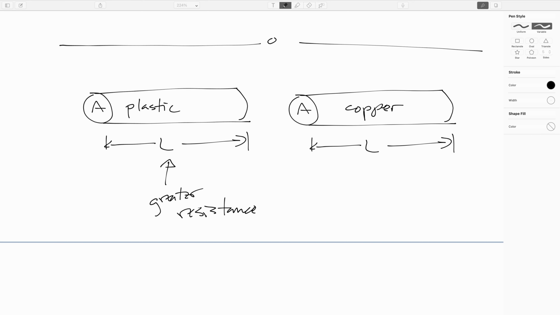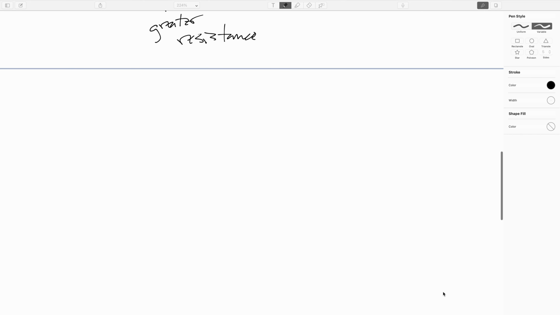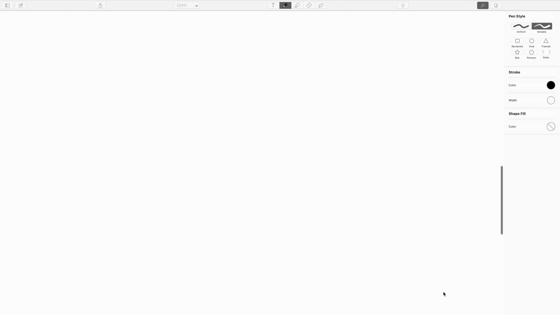All right, so if we put all that together, we realize that what the resistance of something is going to depend on is the material, the length, and the cross-sectional area.